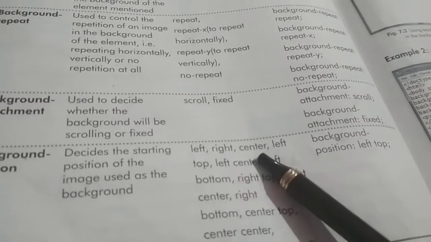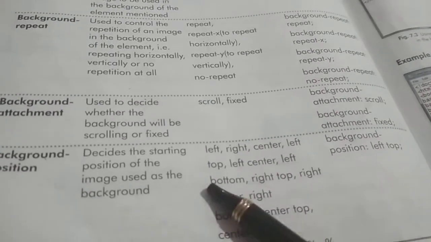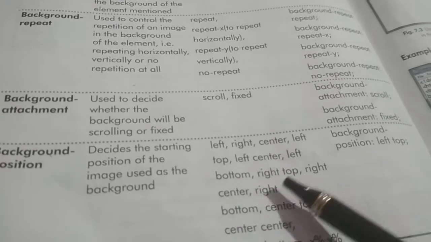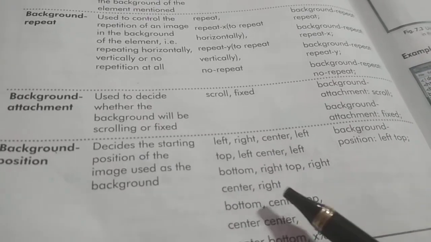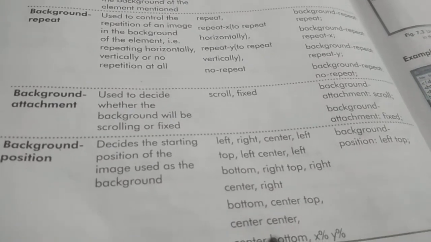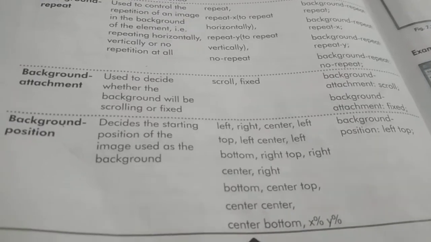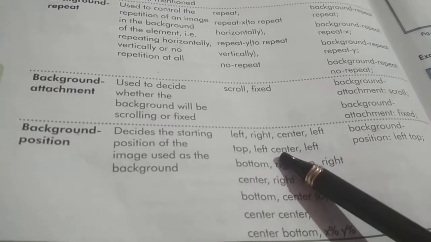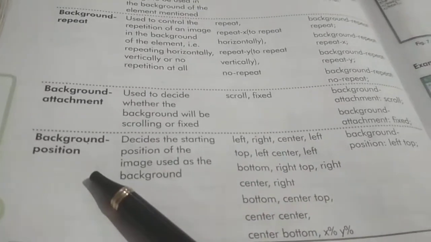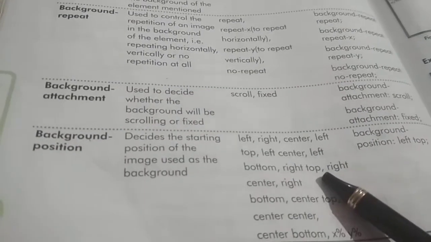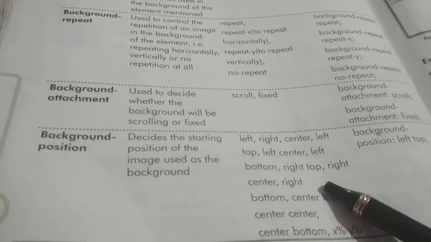Left, right, center, left top, left center, left bottom, right top, right center, right bottom, center top, center bottom. There are so many values available in the background position. So we will set according to our requirement, the requirement of the web page.